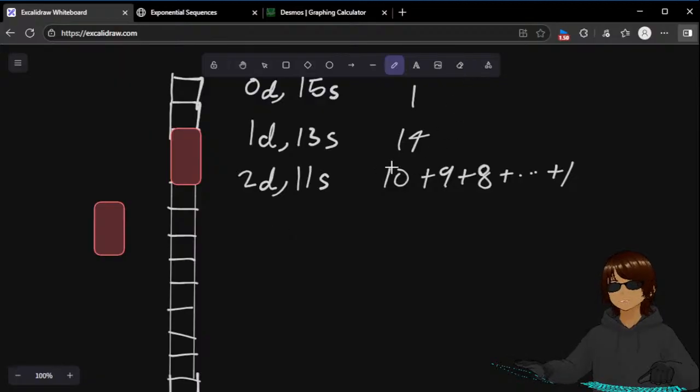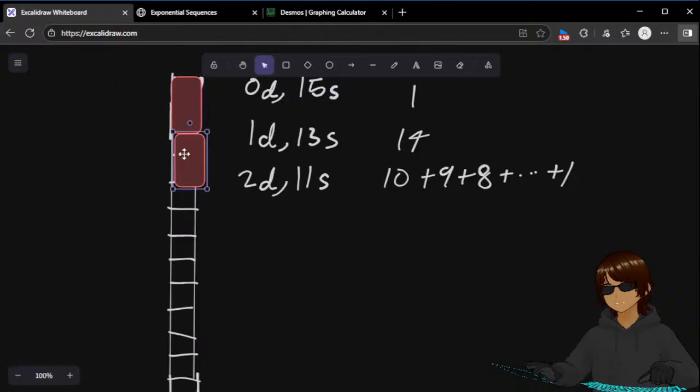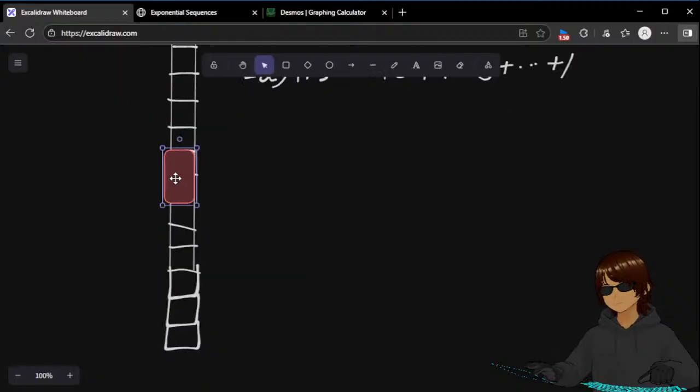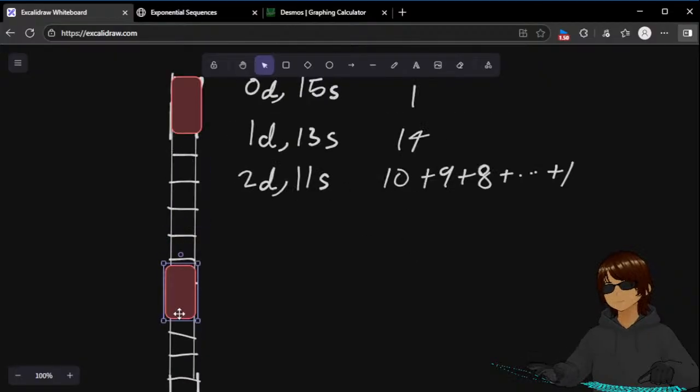Is this 10 correct? For the first one, there are 15 squares, 2 taken by this, so there are 13 squares to move around.